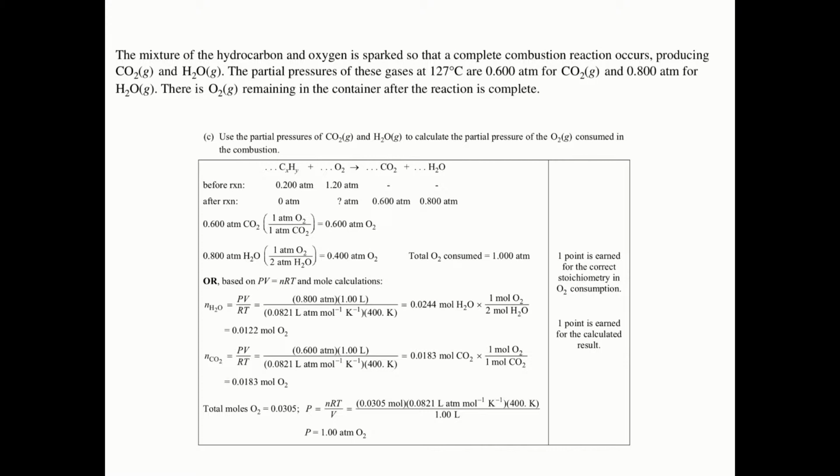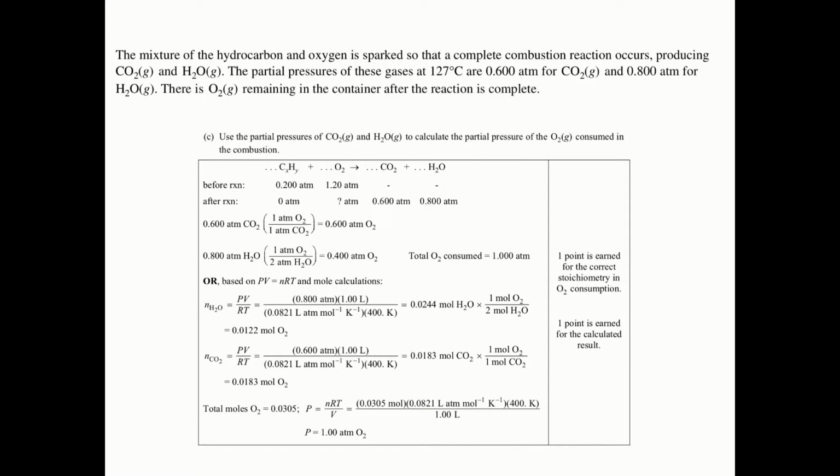So if I convert the atmospheres of carbon dioxide into atmospheres of oxygen using just the mole to mole, if I produce 0.6 atmospheres of carbon dioxide, that's going to use 0.6 atmospheres of oxygen. For water, if I produce 0.8 atmospheres of water, since it's a 1-to-2 ratio because I need 2 waters to produce 1 oxygen, it's going to be 0.4 atmospheres of oxygen that are going to be used up to produce the 0.8 atmospheres of water.